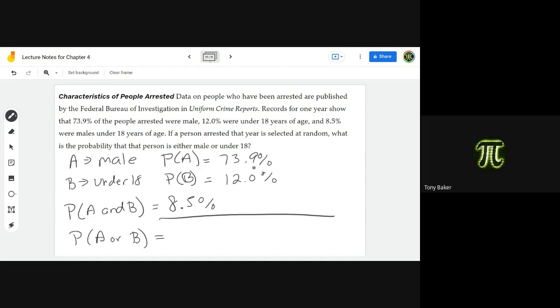If we add them together, we get 85.9. If we're subtracting 8.5, it's got to be under 80. I did the math wrong. It's fine. Yes, you have the idea correct, just not the number right. 77.4. That sounds right.